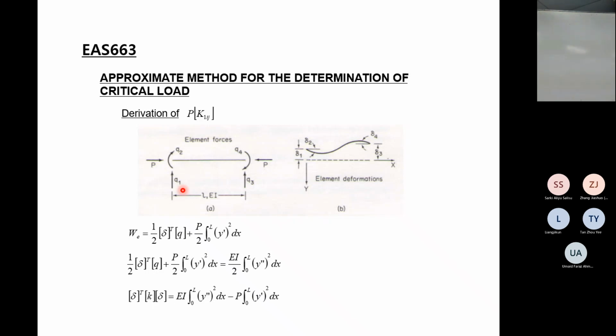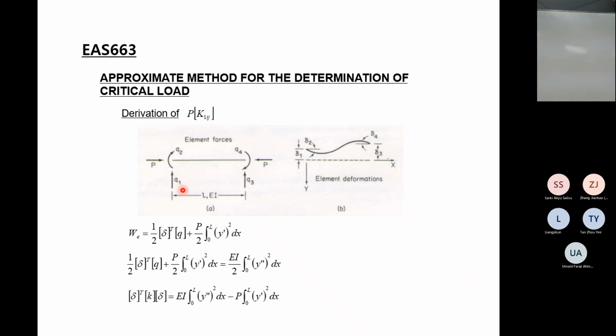If we assume this is a conservative problem, the sequence, whether we apply the axial force first or the forces causing bending first, is not important. The sequence that we are going to look at is we apply the axial force first, then there is a force causing the bending.